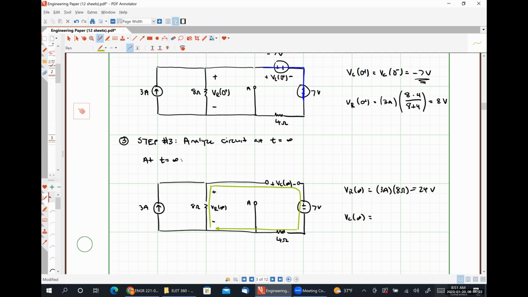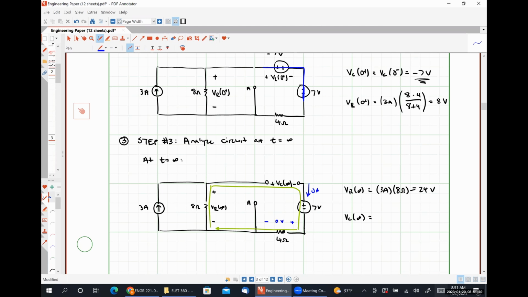But to do that, we need to figure out what current is flowing through the 4 ohm resistor. It should be fairly obvious that since the 4 ohm resistor is in series with an open circuit, that current is 0. So since this current is 0 amps, this voltage is 0 volts.